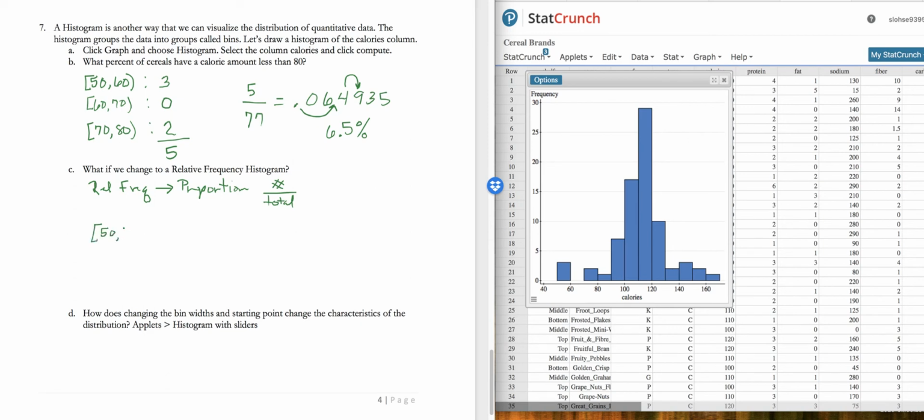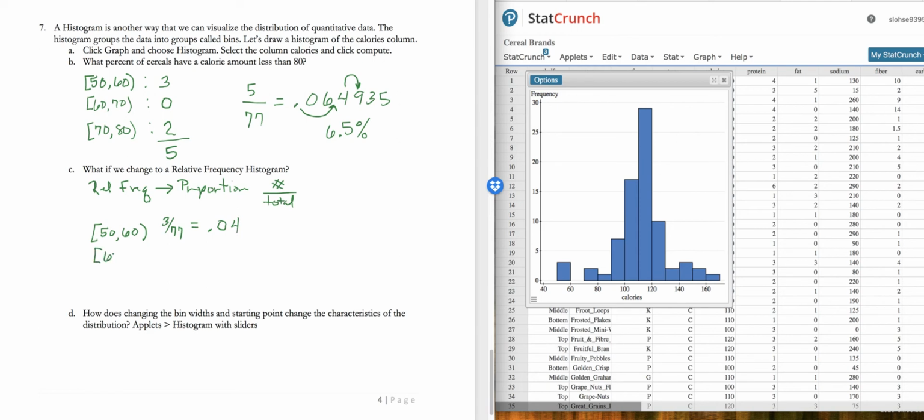From 50 to 60, our first bar, our relative frequency would be 3 over 77. That is, let's just do 2 decimal places. 0.0, well, you know what, I used 3 up here. Yeah, let's just stick with 2. So 0.04.